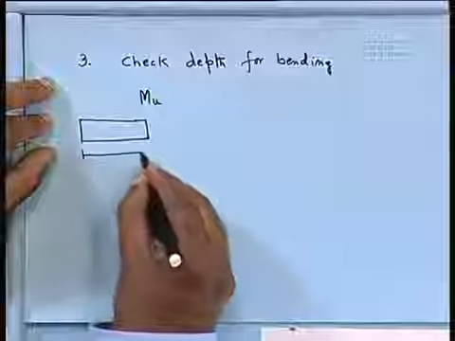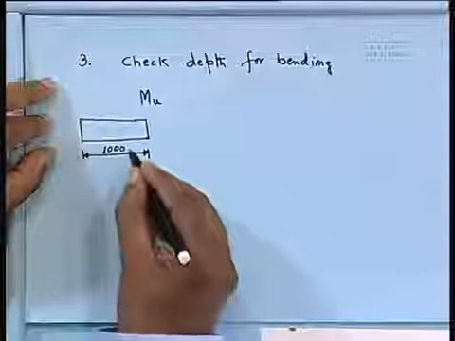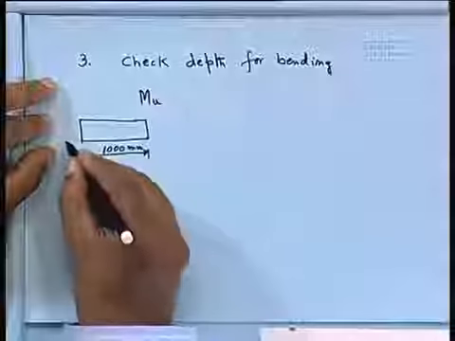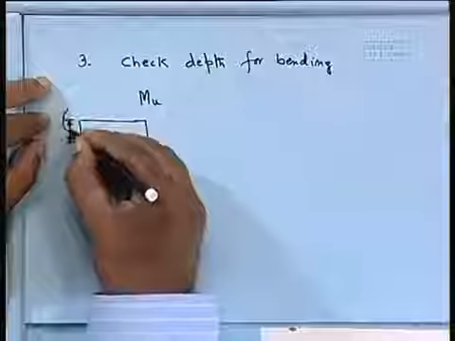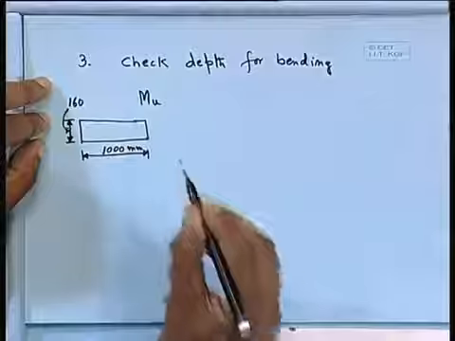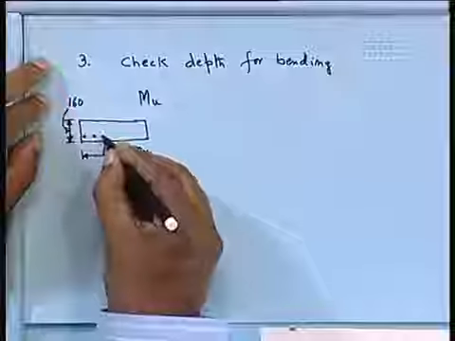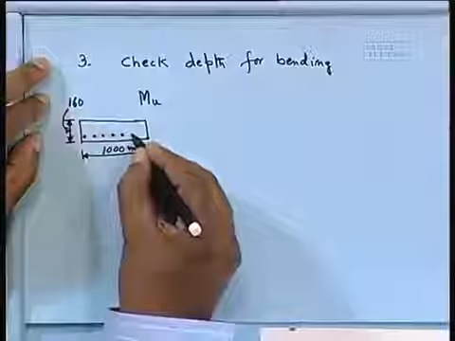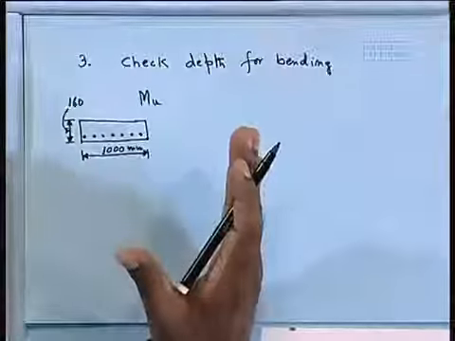The only difference is we are taking 1 meter, that means 1000 millimeter width, and this is your overall depth, which is 160 in our case. We have to provide the reinforcement in the slab. So we are taking a rectangular beam of 1 meter width, and depth we have assumed 160 millimeter, and we have to check whether that is sufficient.